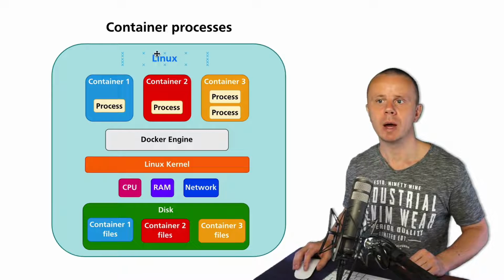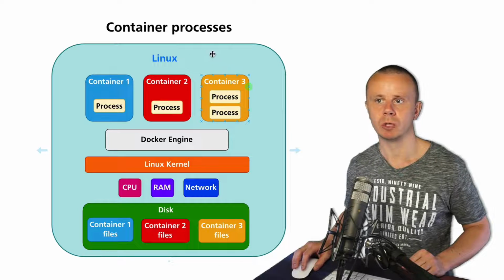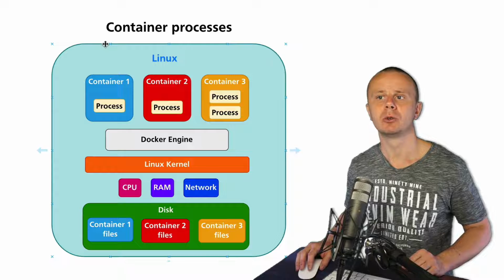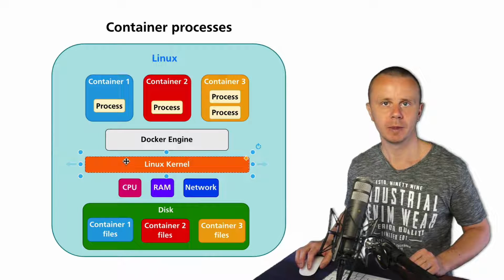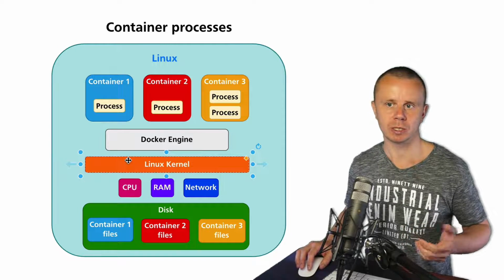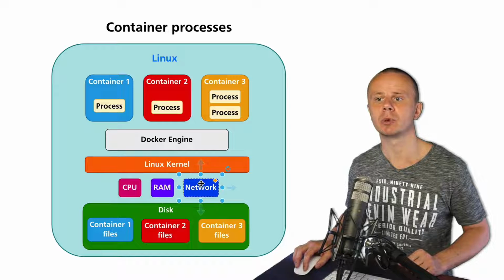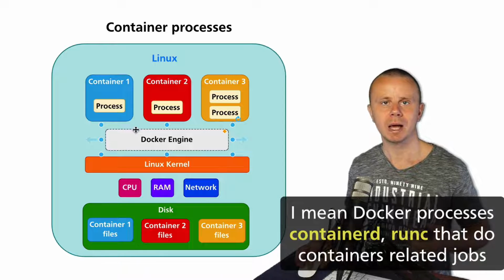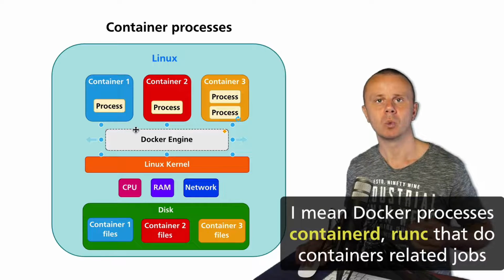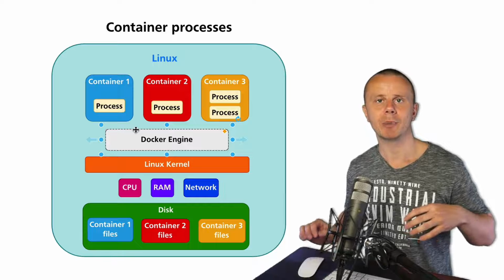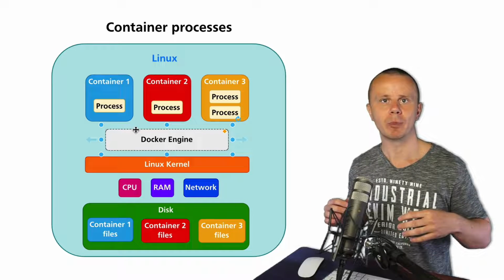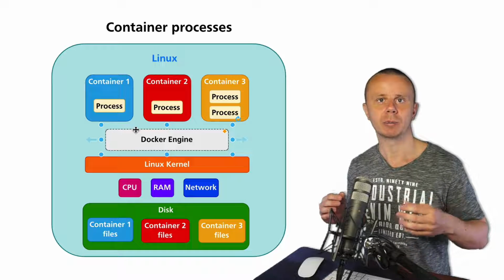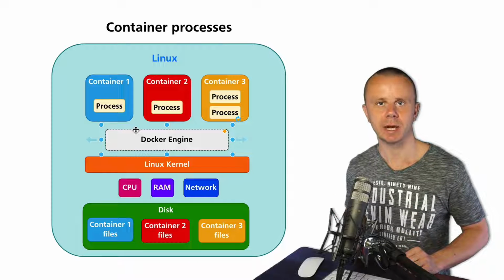Here on this diagram you see a Linux host virtual machine. Every Linux has a Linux kernel, and it has the usual resources like CPU, RAM, network, and disk. If you install Docker engine on Linux, it will actually install some processes that will be able to create separate resources, like separate disk space and separate processes, for every container.